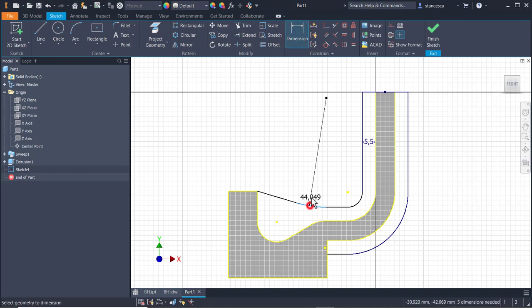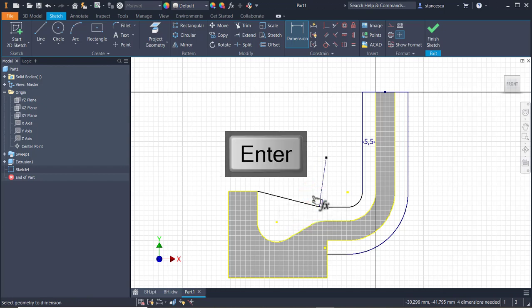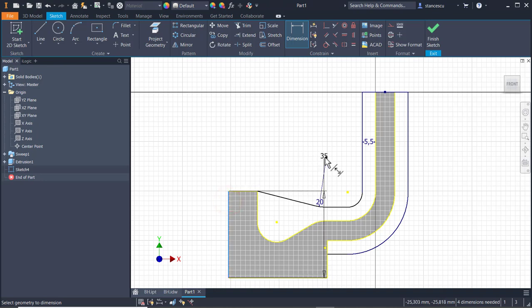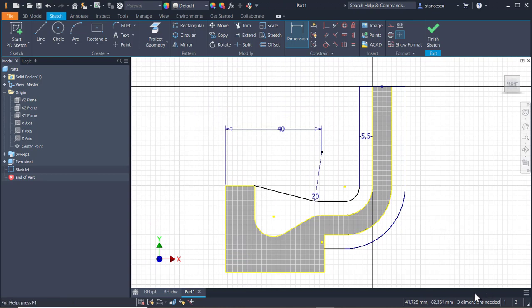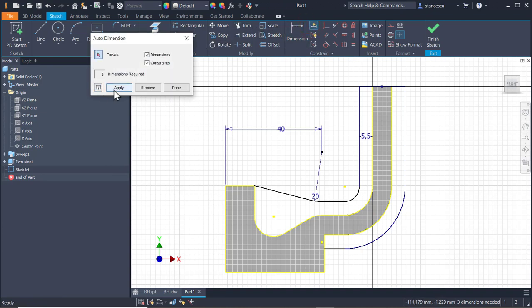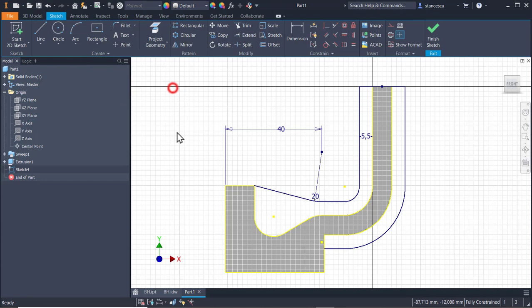This radius is 20. This distance is 40. And there are some other 3 dimensions needed, but they are not dimensions, as you will see, I hope. They are tangencies and parallelism. Now it's fully constrained. Apply. Done. Good.